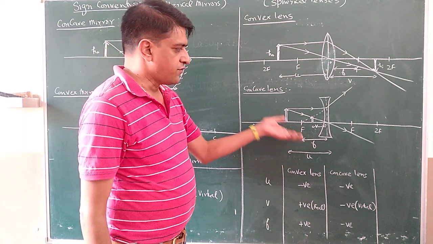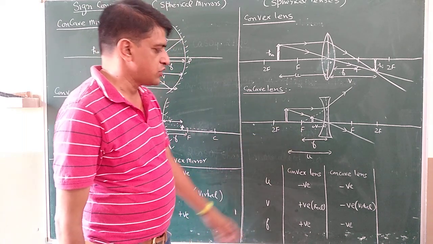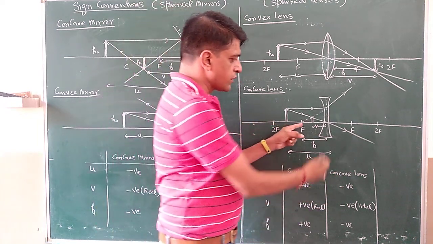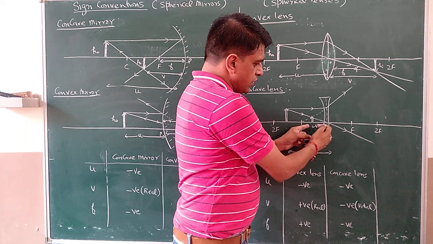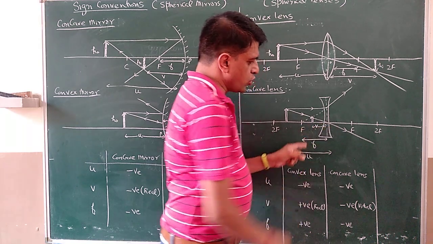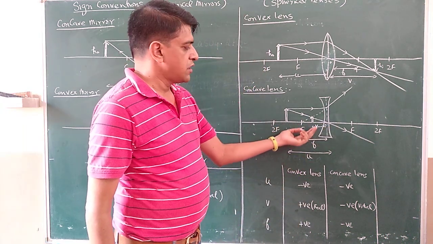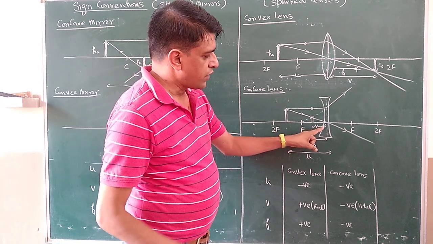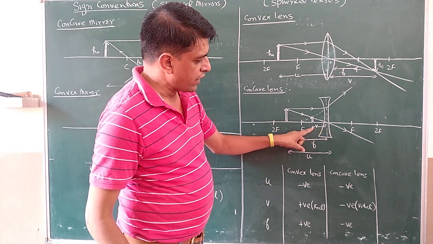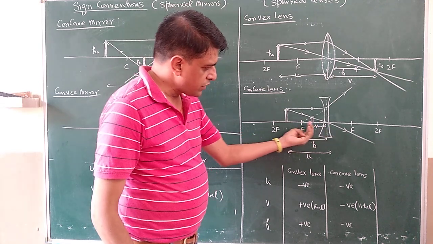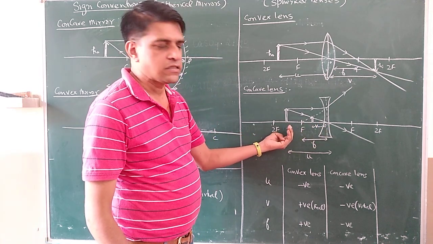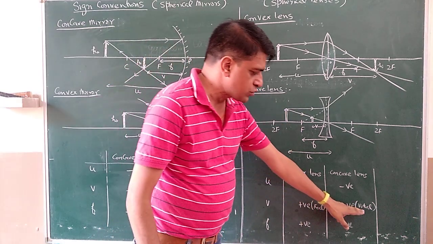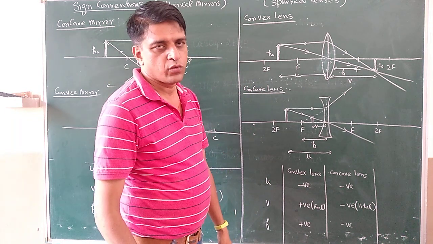Now diverging lens, in case of diverging, u is always negative, but v, it is the distance between image and O, but in this case image is formed at the same side of the object, that's why while measuring the distance between O and image, we have to move in the opposite direction of the incident ray, that's why it is negative, and it clearly shows that image is virtual.